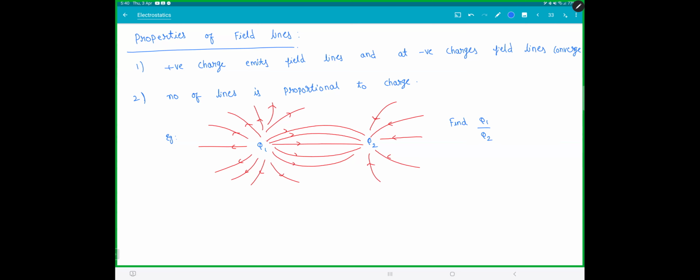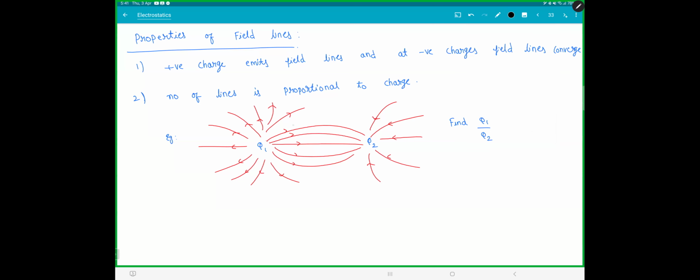What is the answer? The picture is not up to scale. So just now I wrote the statement, the number of field lines is proportional to the charge.